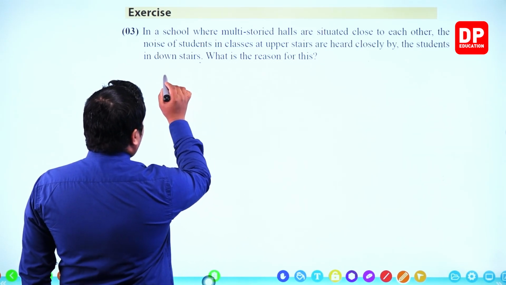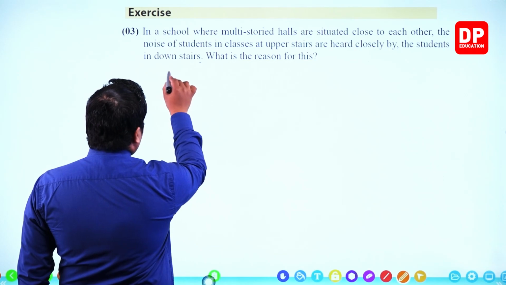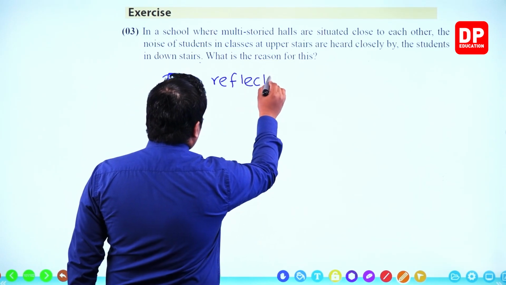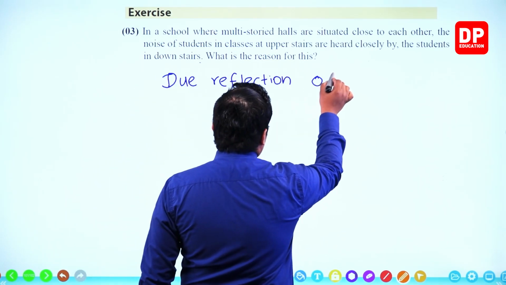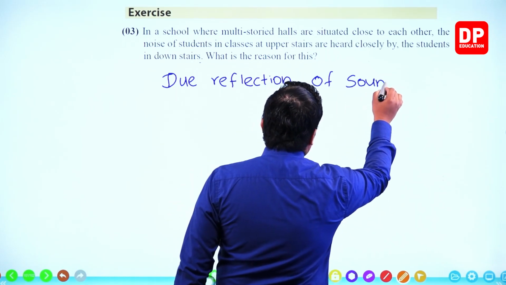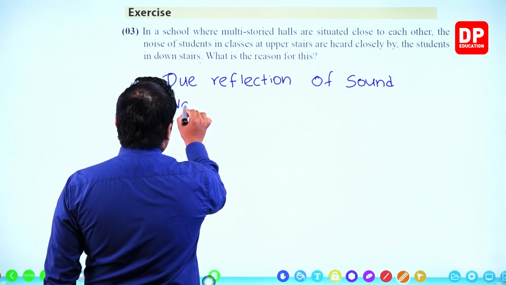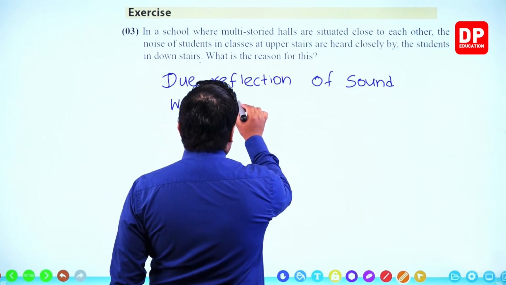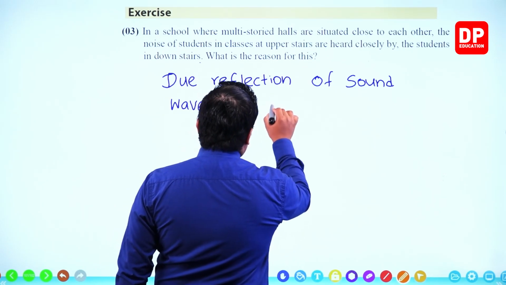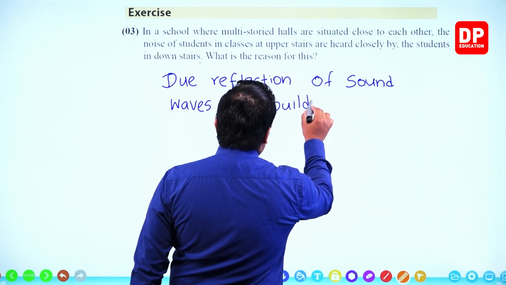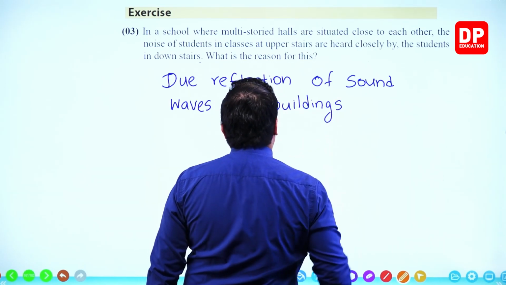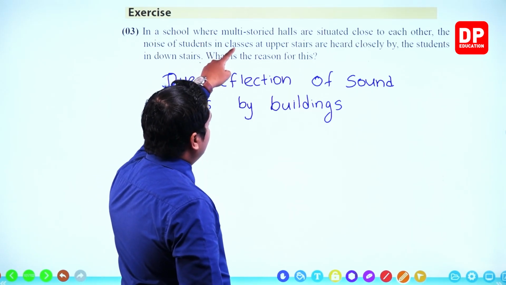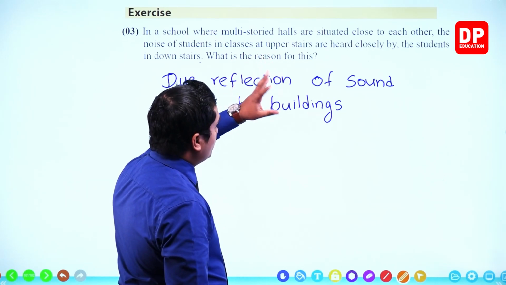First of all, we can say that due to reflection of sound waves by buildings, right? Because here they are saying that multi-storied halls are situated close to each other.